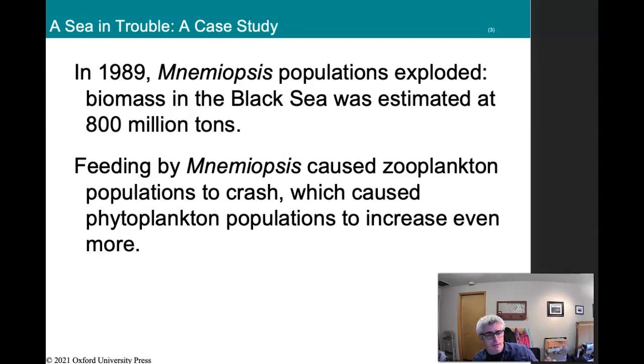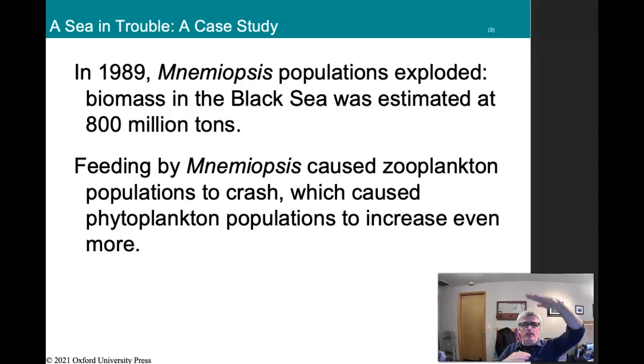And so this comb jelly was consuming all the zooplankton, which caused populations to crash, which caused phytoplankton to increase. Going back to the orca, otter, urchin, kelp sort of dynamic, here we have the comb jelly consuming zooplankton, which consume phytoplankton.